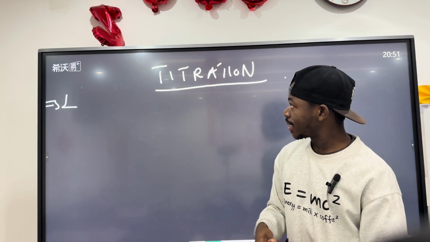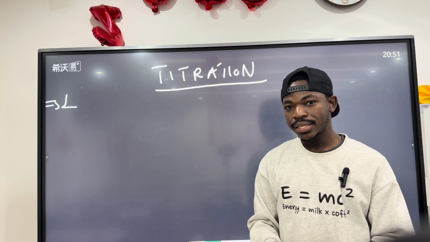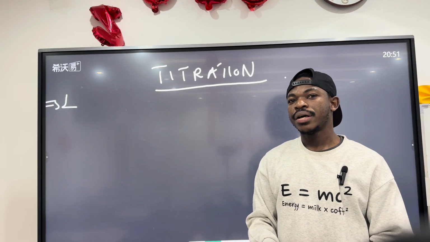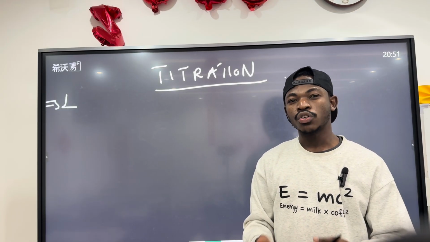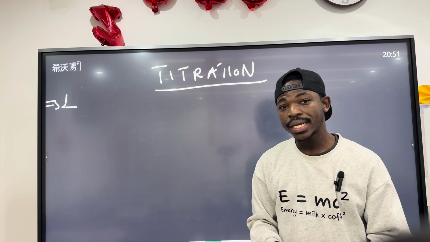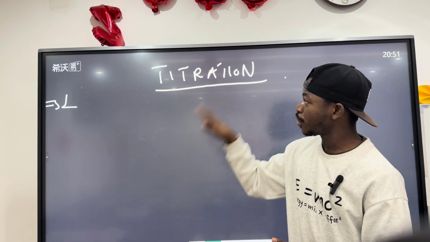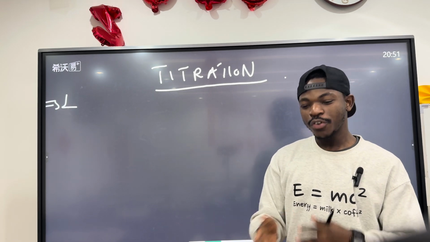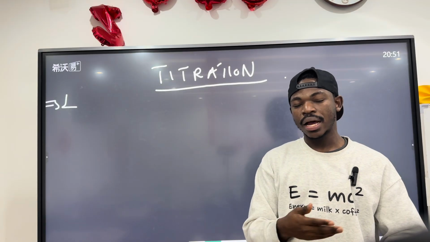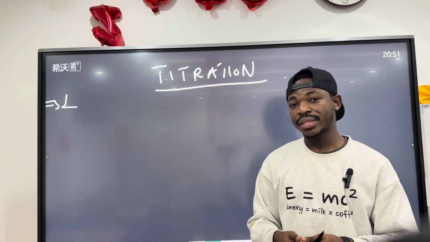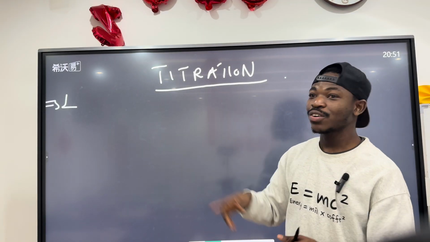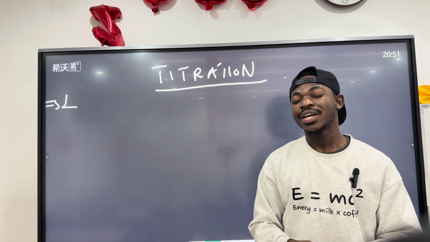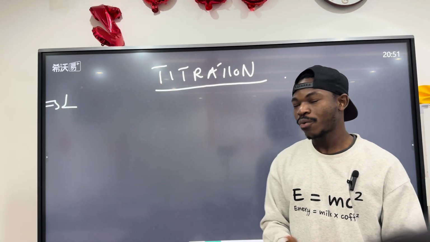This technique is used in medicine, it's used in agriculture, control of environmental conditions, and things like that. Before you even understand how it's used in medicine, agriculture, and things like that, we want to understand what titration is all about. What is titration?